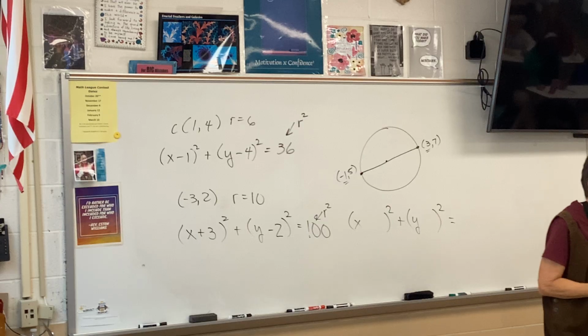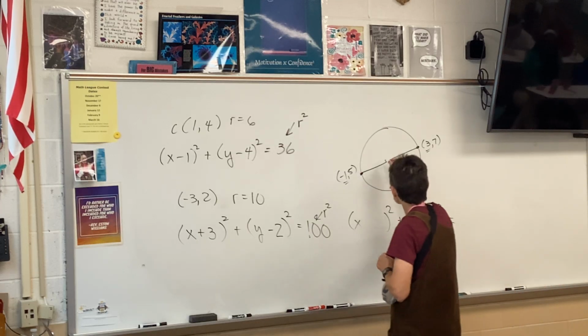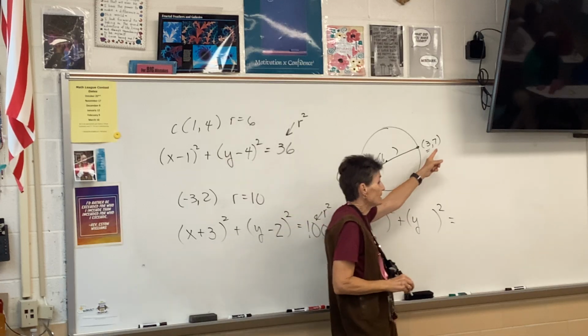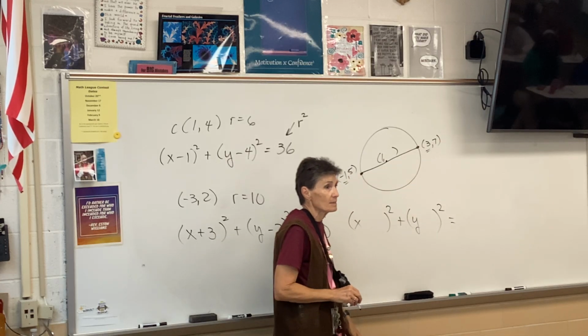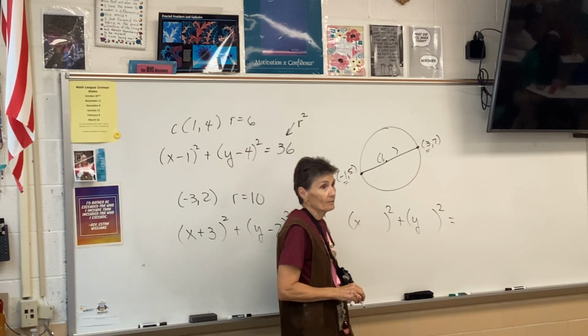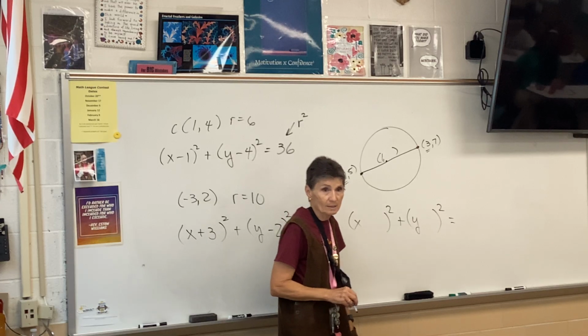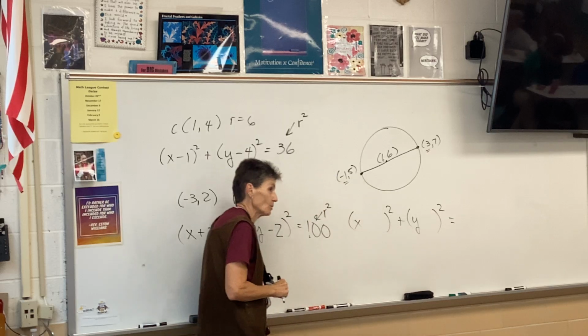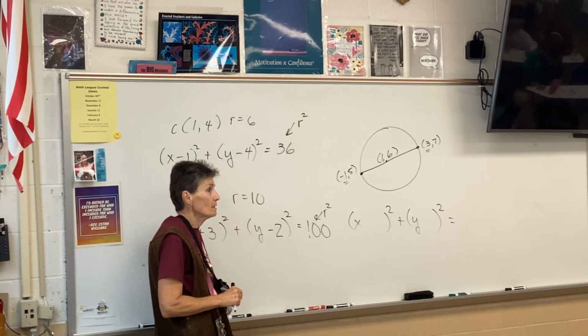Divided by 2 is 1. 5 and 7 is 12. Divided by 2 is 6. So now I know my center is 1, 6.